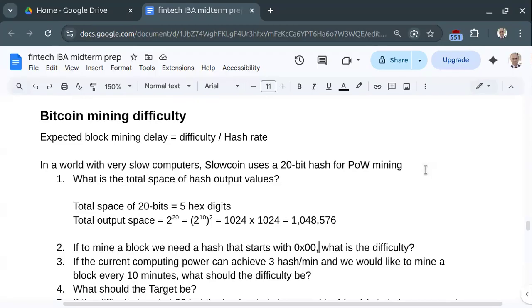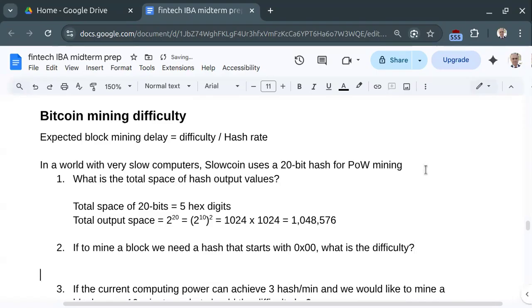Okay, so now we want to mine a slow coin block, and we want a hash that starts with 00 when we are asked to find a difficulty.